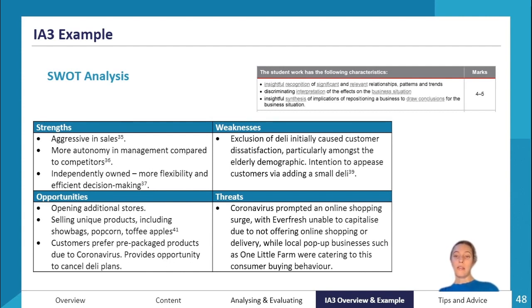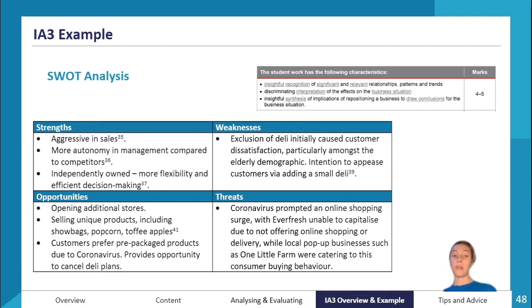SWOT analysis. So again, you can see the different criteria that are relevant for each of these things at the top there. So significant and relevant relationships, patterns and trends, interpretation of the effects on the business situation, and you're drawing some conclusions as well.